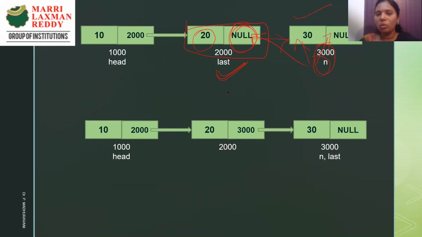Then I can write last arrow next equal to n. So this null will be replaced with 3000 like this, and a link will be established between these two. After attaching 30 at the end of 20, you need to make this node the last pointer. How can I do that? Last equal to n. So this is the procedure to create a singly linked list.